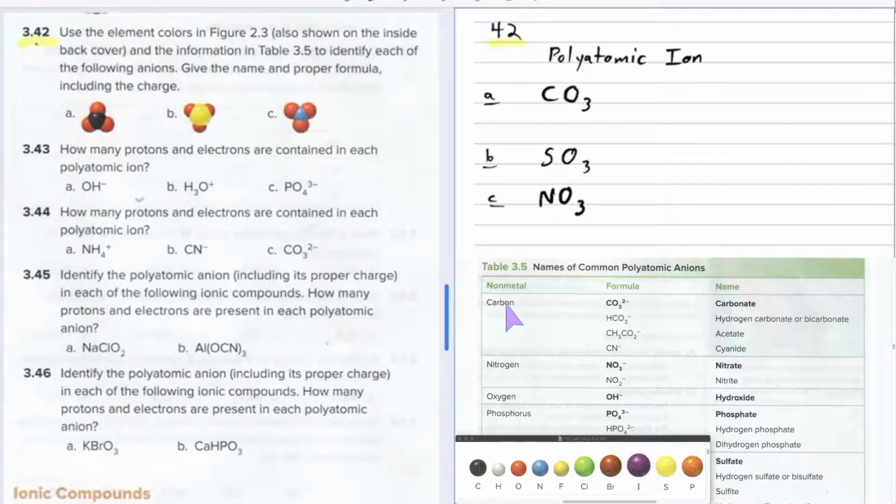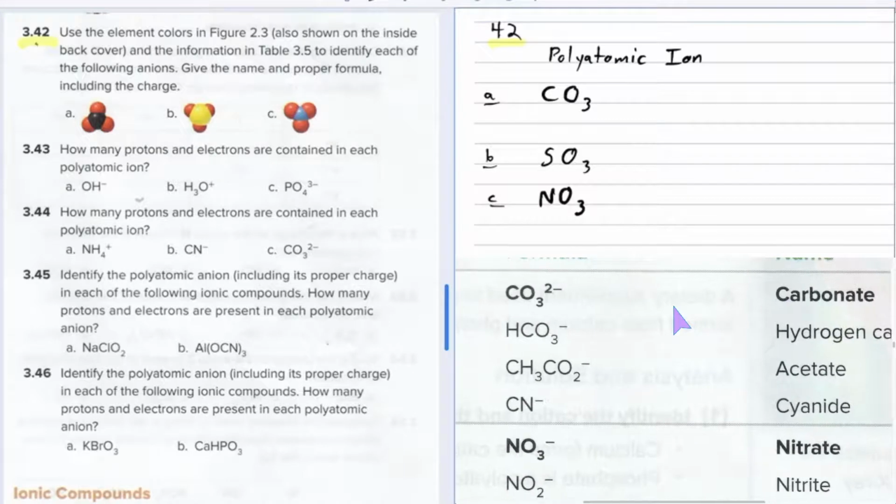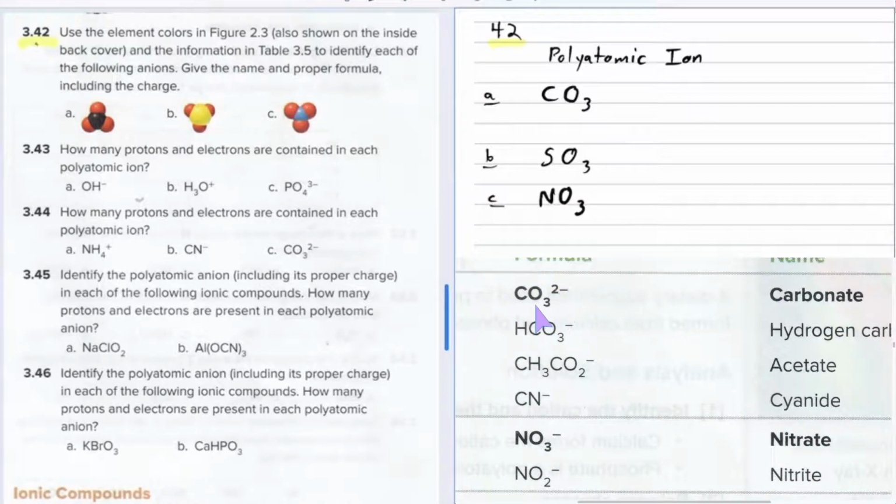So this separates it. They all are surrounded by oxygen. So this table right here, 3.5, groups it according to what the other atom is. Okay, so carbon. Carbon forms lots of different polyatomic ions. But here, you got this one right here. The carbonate is CO3 minus 2.